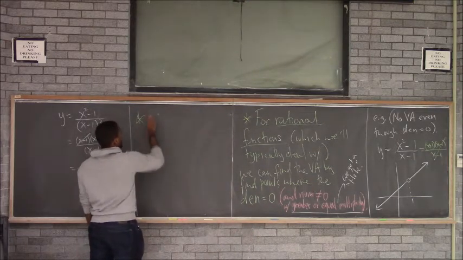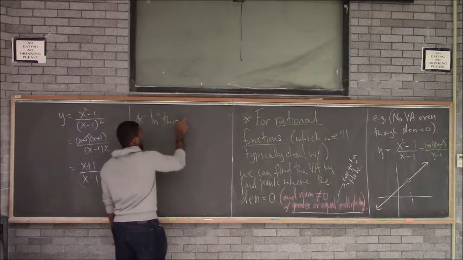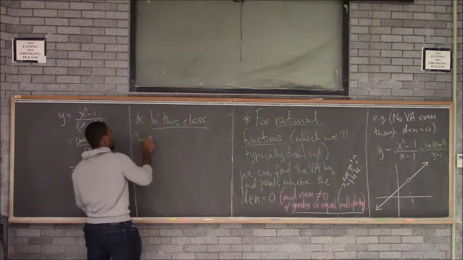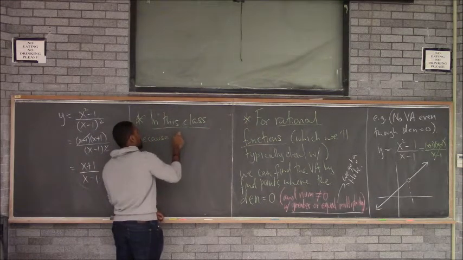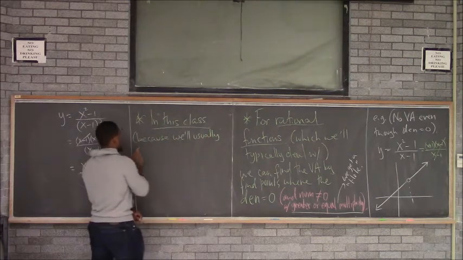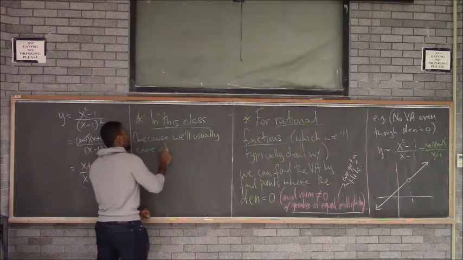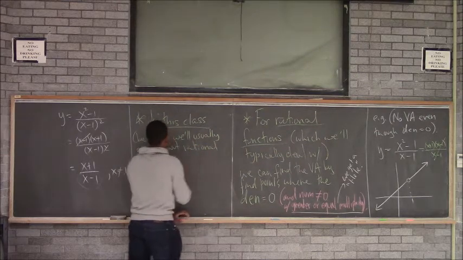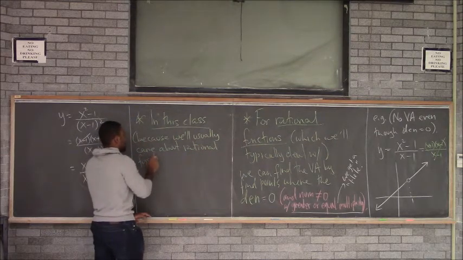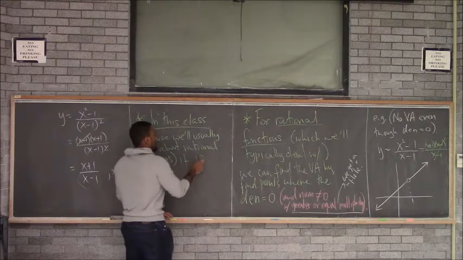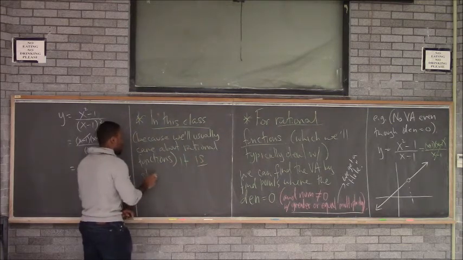Marks here. In this class, this is not general, but in this class, because we'll usually be looking at rational functions, it is strange to cross a vertical asymptote.